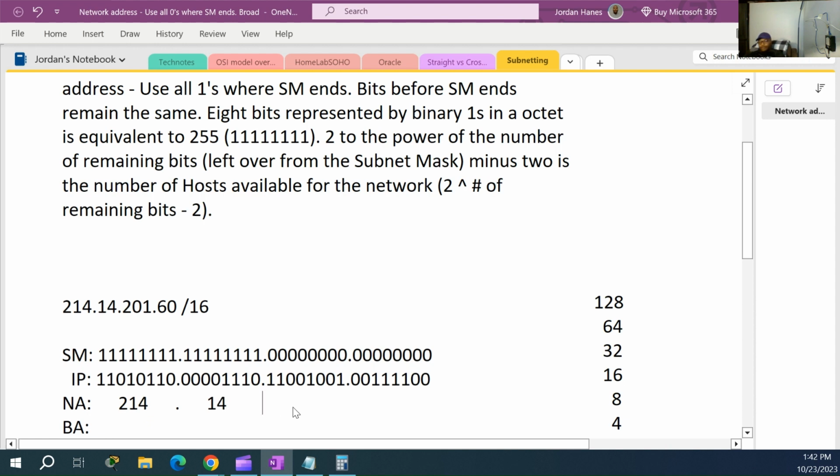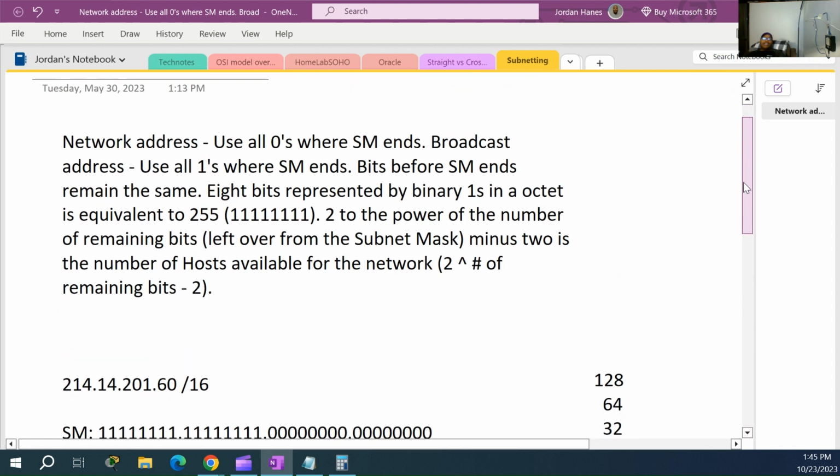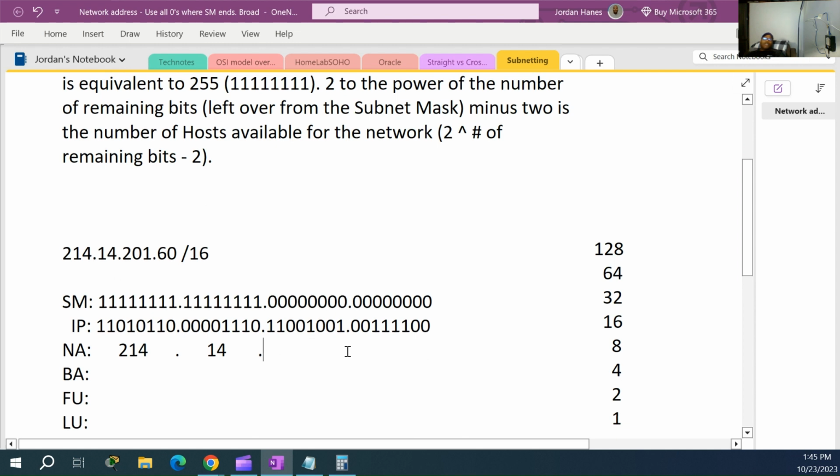Okay. So now what we're trying to find is the network address. And how we find the network address is we use all zeros where the subnet mask ends. So this is going to be represented by a 0. And this last octet is going to be represented by another 0.